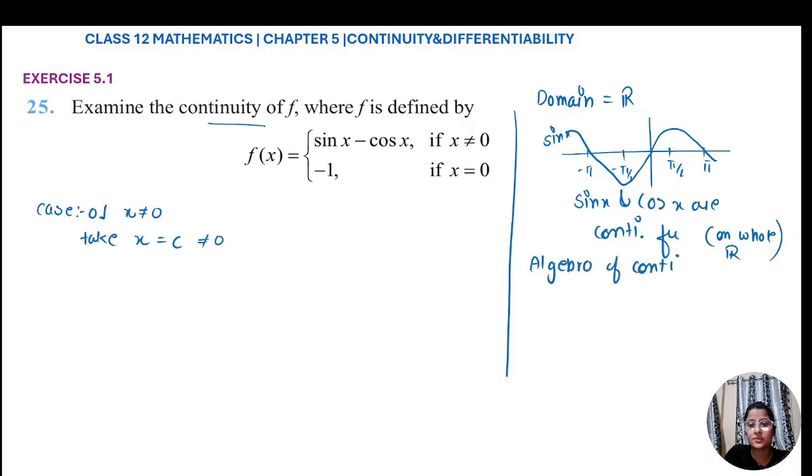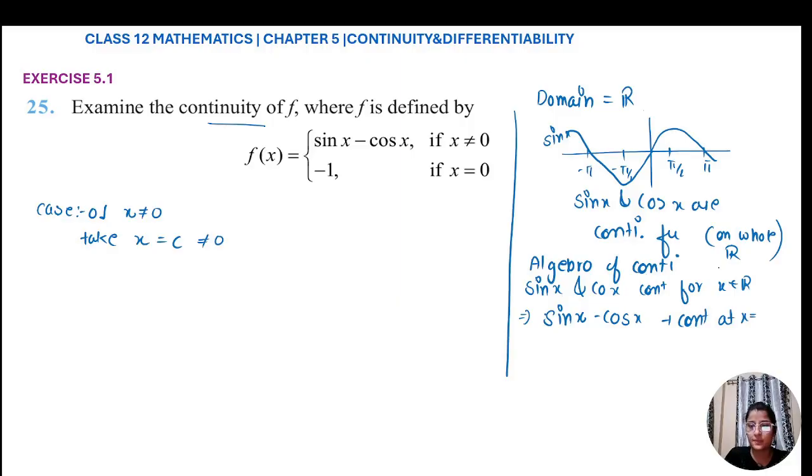Since sin x and cos x are continuous for any x belonging to real, by using algebra of continuity, sin x minus cos x is also continuous at x equals c.